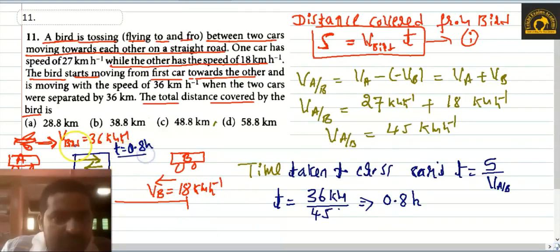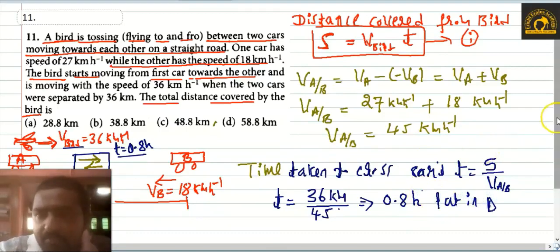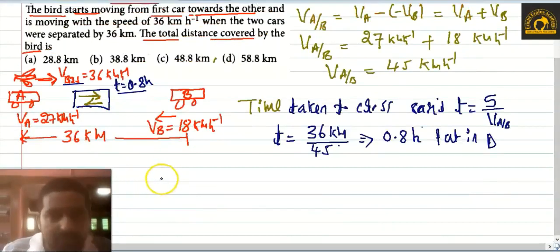So time is this much and the speed of the bird is this much. You have to put the value in equation number 1. So the distance covered by the bird is equal to the velocity of the bird, 36 kilometers per hour, into time, 0.8.